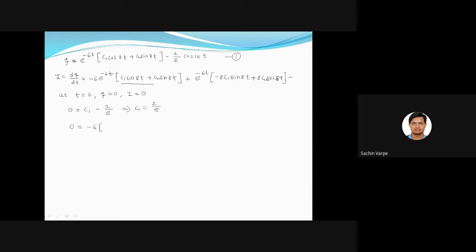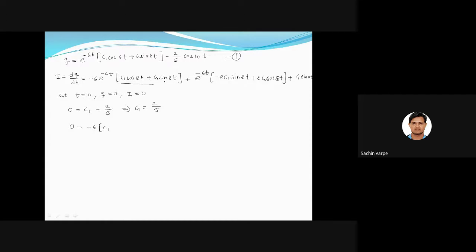And plus 4 sin 10t. Please check the calculations again. And now at t equal to 0, minus 6 into 1, and this is C1.